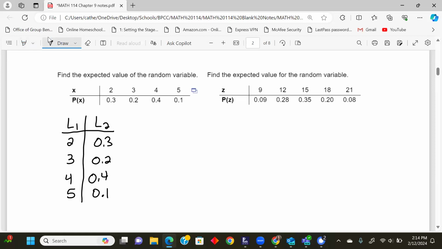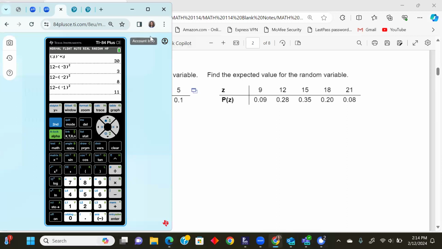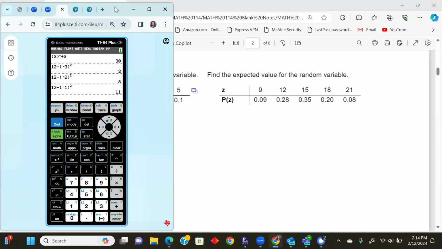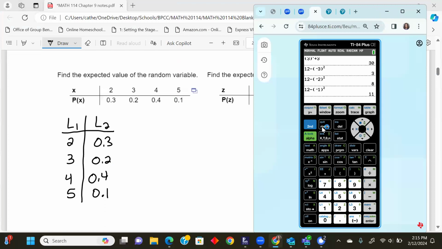So we're going to put the X value into L1 and we're going to put the probability into L2. And I'm going to show you how to put that in your calculator. So let me get over to that. Sorry about that. See if I can get it without it becoming bigger. There we go. All right.